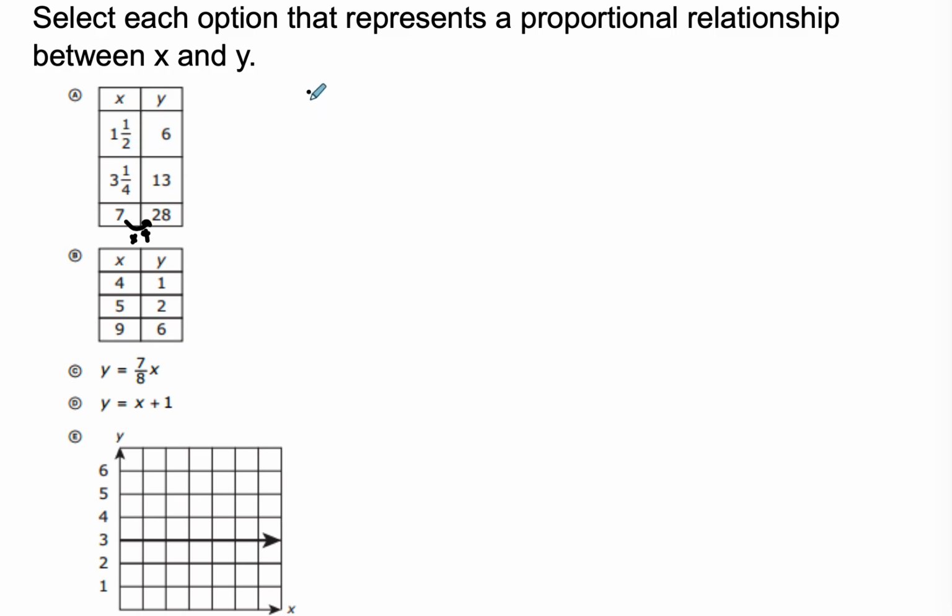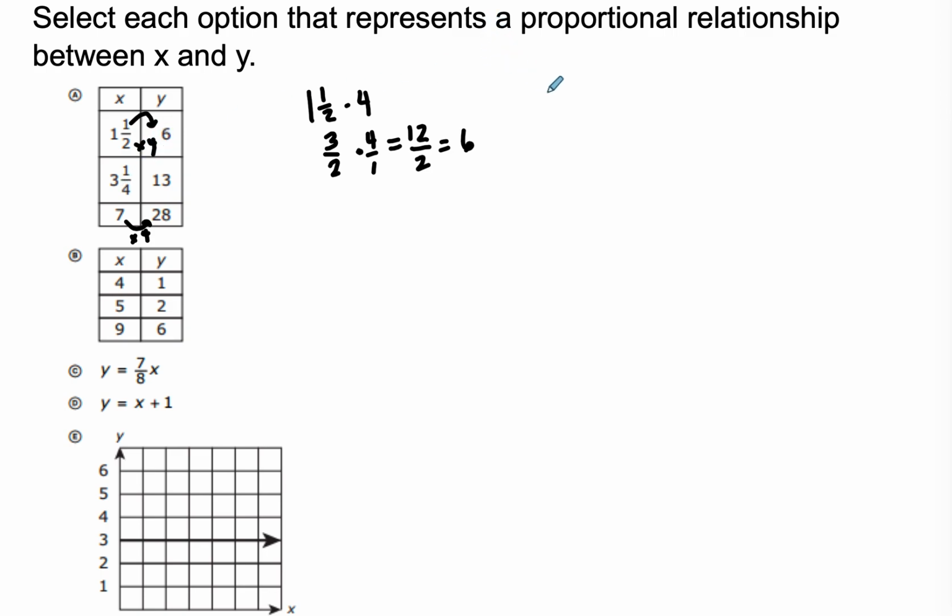So let's see. 1 1/2 times 4. Is that going to give me 6? So let's see. We have 3 over 2 times 4 over 1. We get 12 over 2, which is 6. Okay, so that one works for times 4.